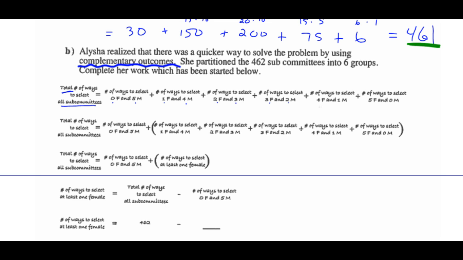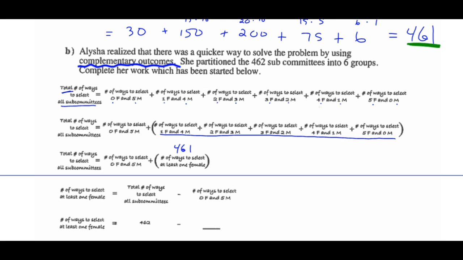You could have 3 girls and 4 boys, or 4 girls and 1 boy, or 5 girls and no boys. That's every possibility. Now you notice the work above is all this, right? Having at least 1 girl. So the number of ways to select at least 1 female, we did that work up there, that's 461.